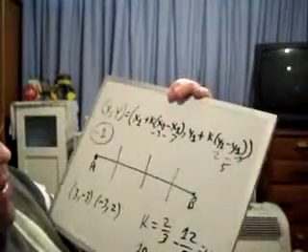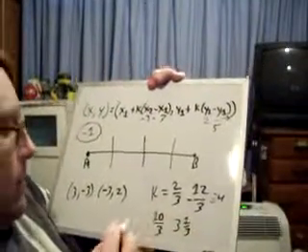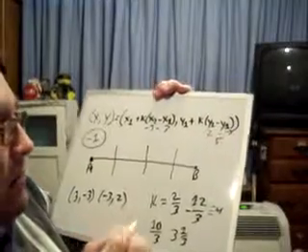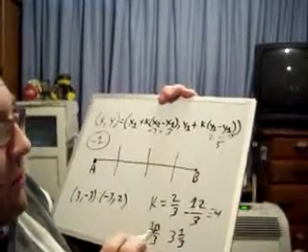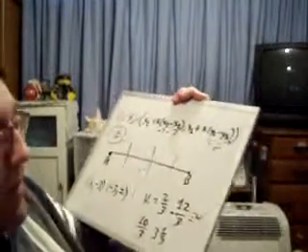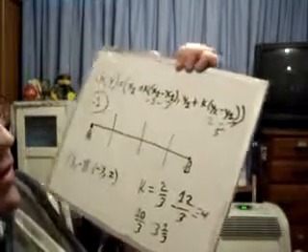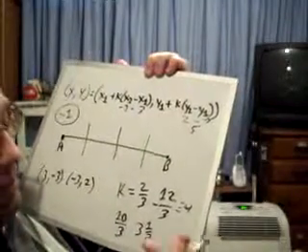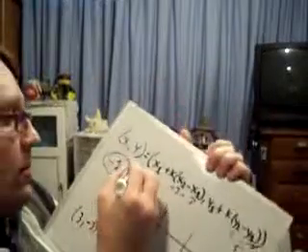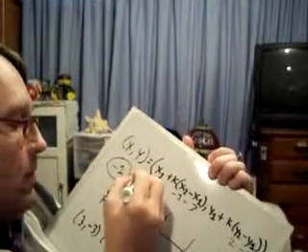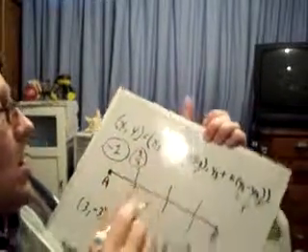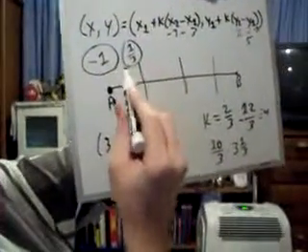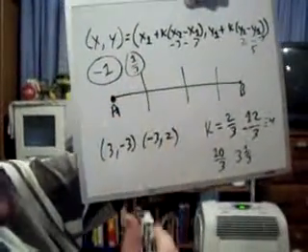Now, what about y1? Well, y1 is -3. So -3 plus 3 1/3. Well, that's going to leave you with a +1/3. So your x and y coordinates here are going to be -1 and 1/3.